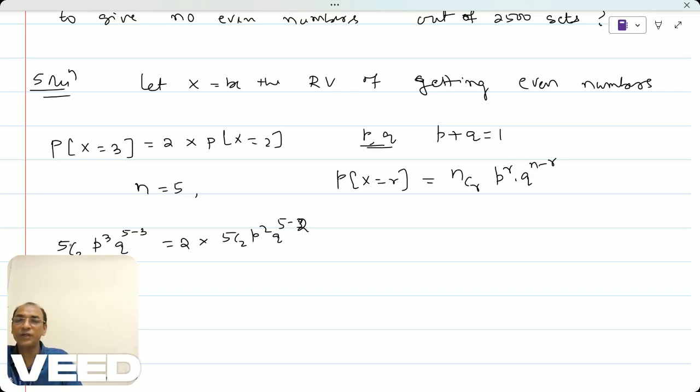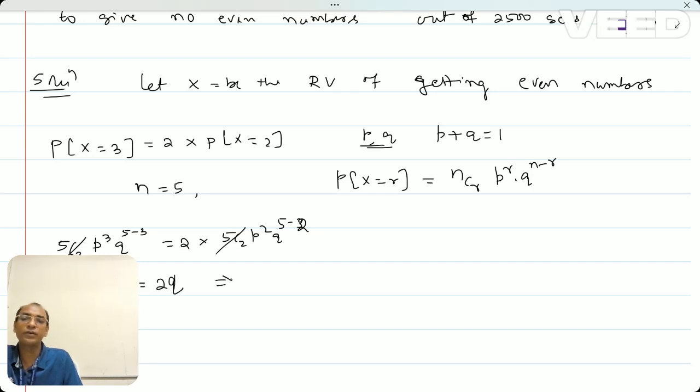And if you simplify this, 5C3 is equivalent to 5C2, so 5C3 is equal to 5C2. And here p cubed and p squared, so if I cancel both sides, it will be p. Here I will have q squared, here q cubed, so if I cancel, I will have q. And we know q equals 1 minus p.